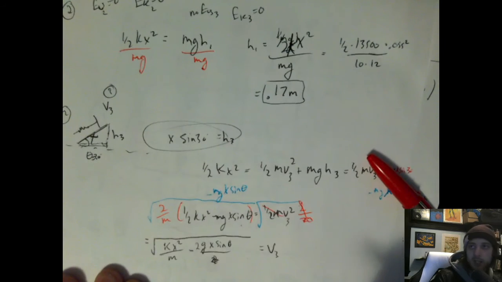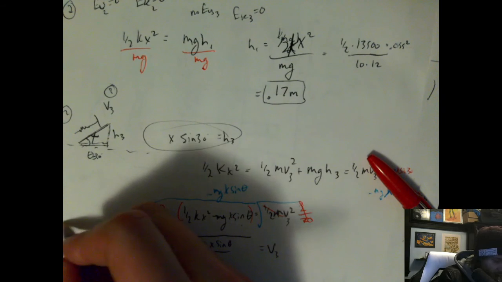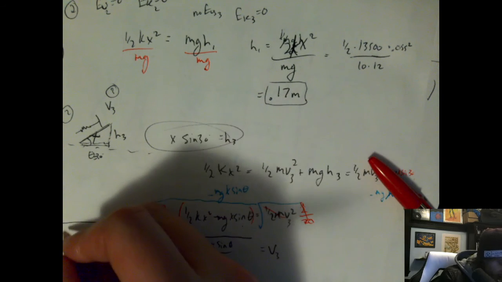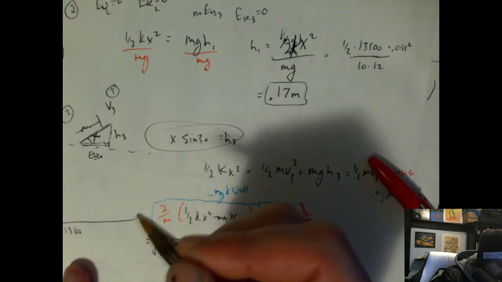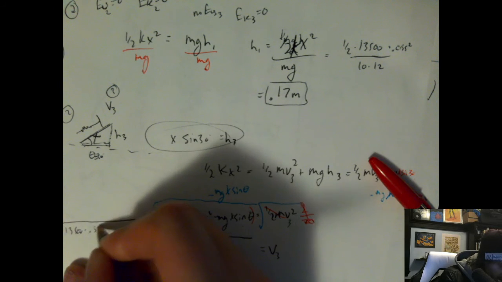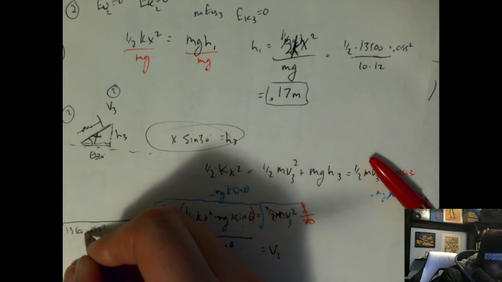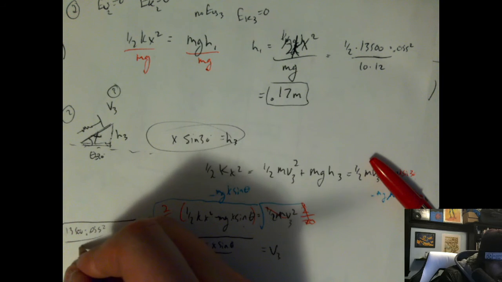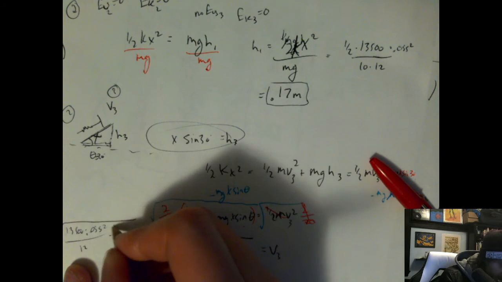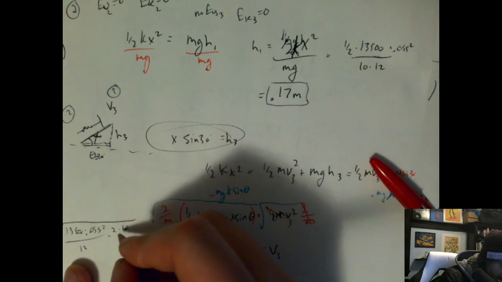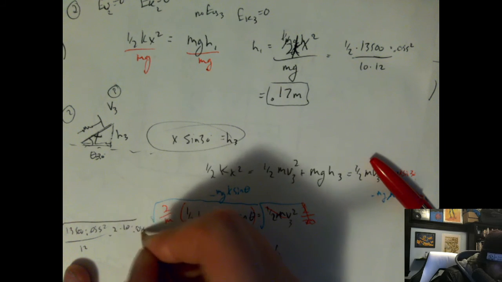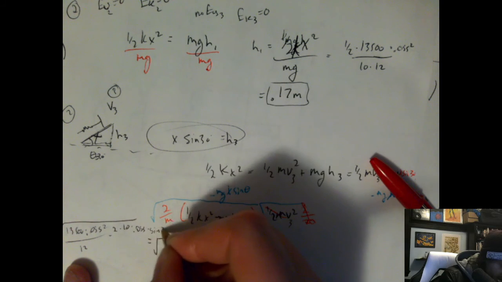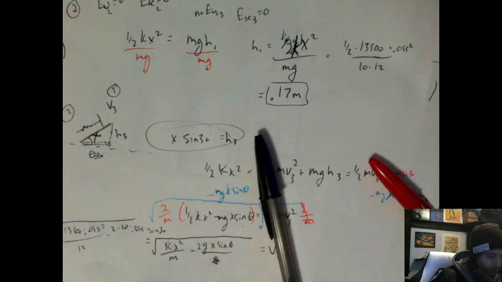And when we throw numbers at it, we should get the square root of 13500 times 0.055 squared divided by 12 minus 2 times 10 times 0.055 times the sine of 30.